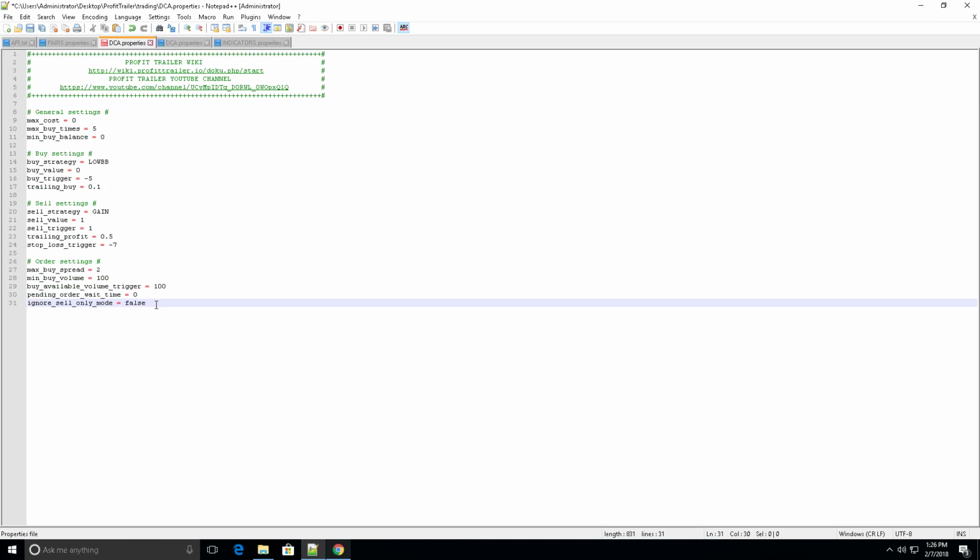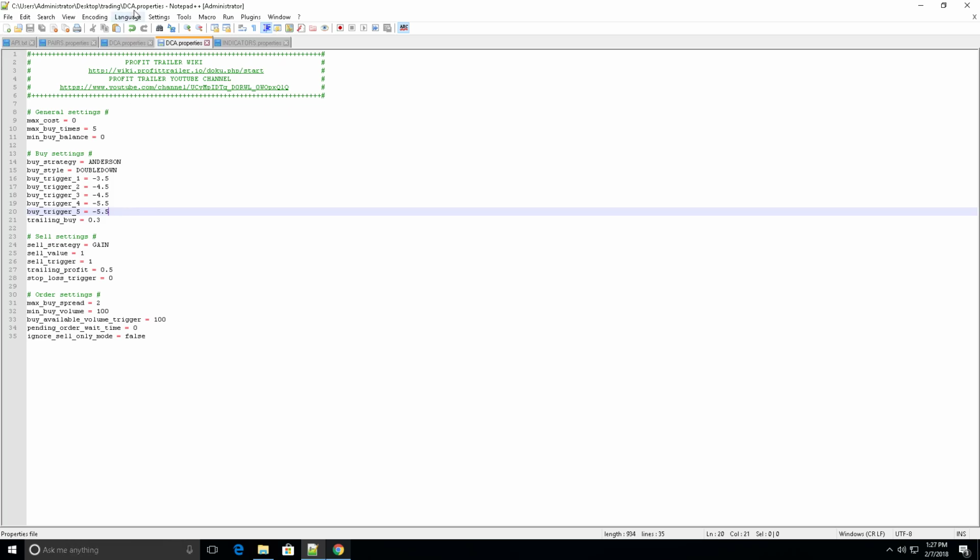But because you want it to always look for opportunities to double down your bet, and you want to get out of that bet as soon as possible, you want to ignore the sell only mode. So ProfitTrailer will ignore the restriction on buying new coins, but it will still look to buy to double down, to DCA down a coin.